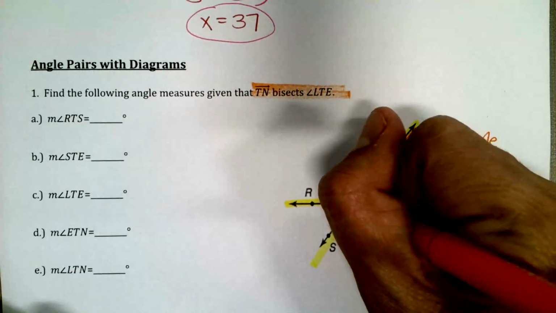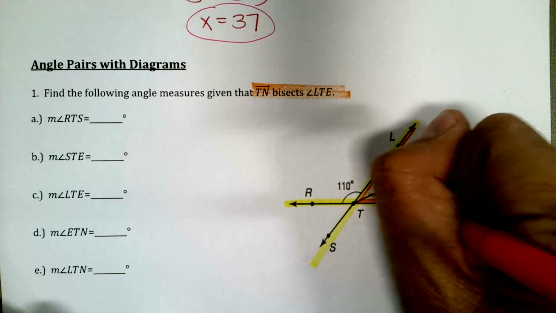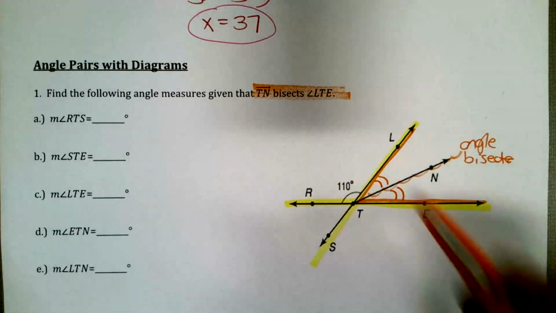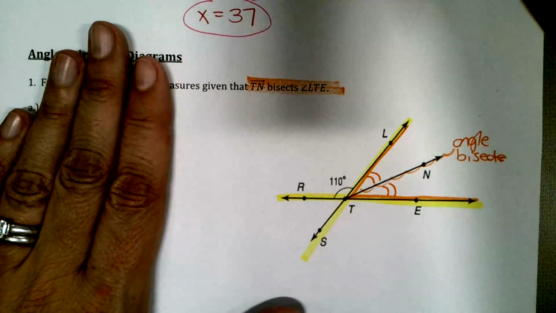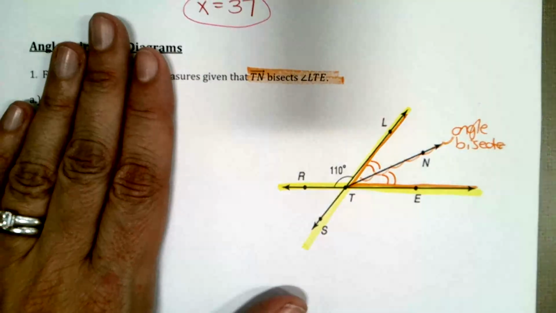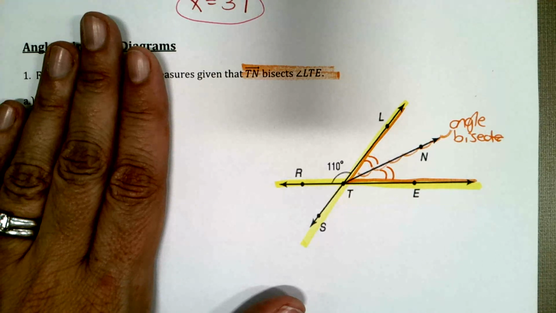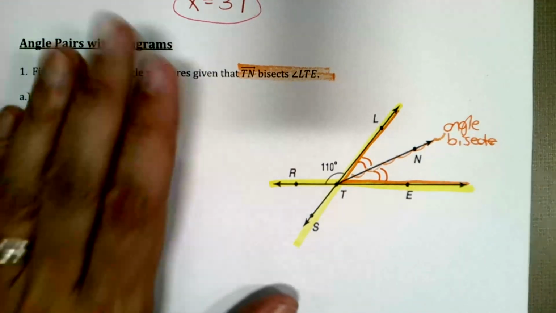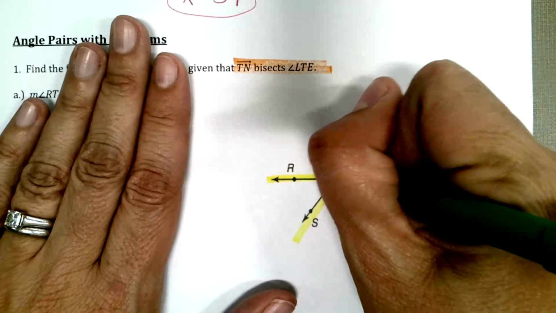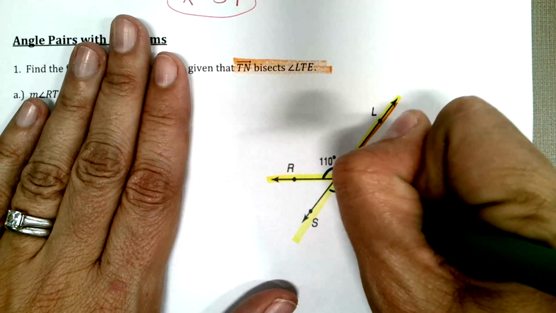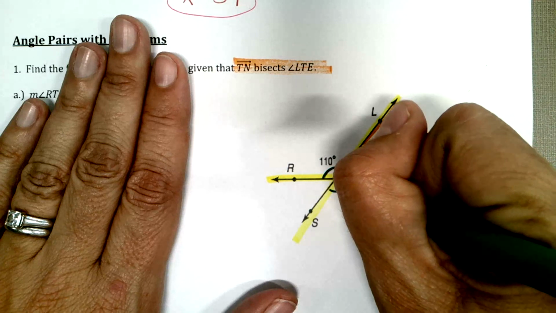Which means now one arc has already been used, so I'm going to use two arcs to show that they are the same. Before we even look here, let's just try and find all the missing pieces based on what we know. So right away, I see a pair of vertical angles from our lines crossing. So if this is 110, its vertical angle is also 110.